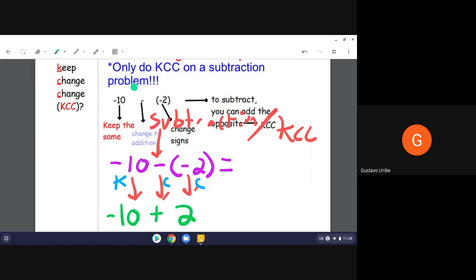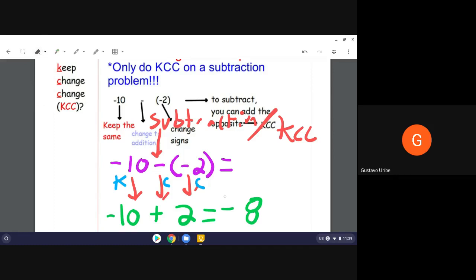So your problem, that had a bunch of negatives right here and it looked confusing, is actually negative 10 plus 2. Well, these are different signs, so I'm going to subtract them. I have 10, take away 2, which is an 8. Keep the sign of the bigger number. 10 is the bigger number, and it has a negative, so my answer is a negative 8.